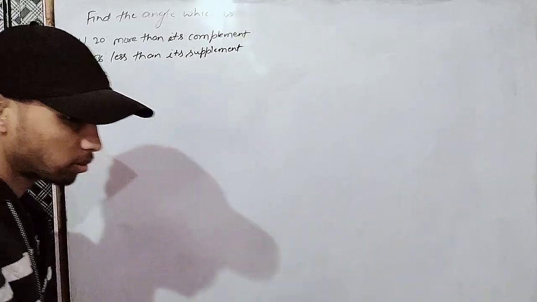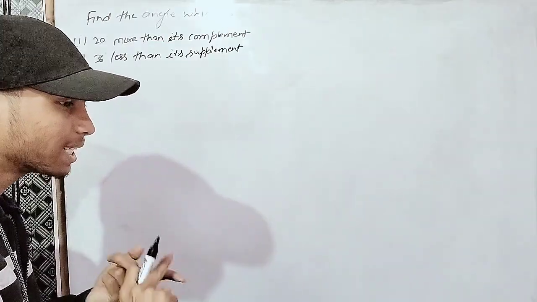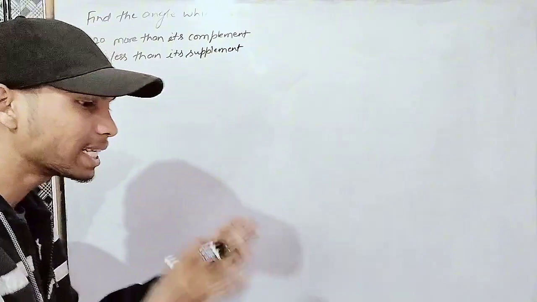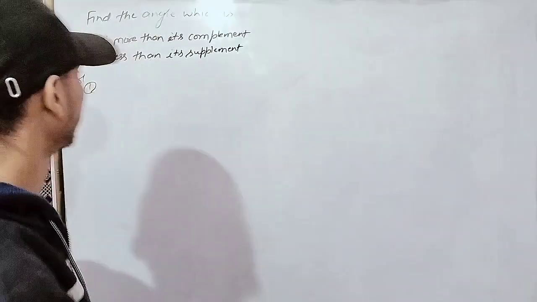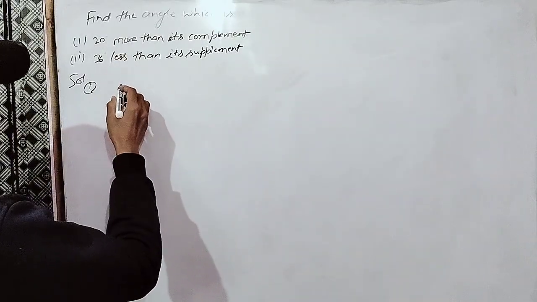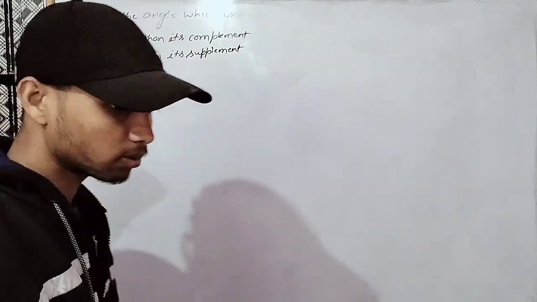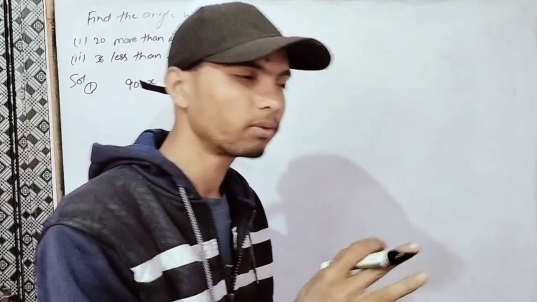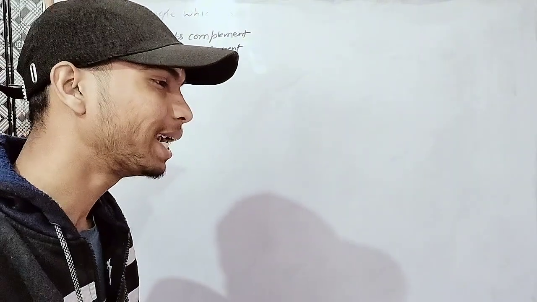First of all, we have the first angle, but we don't have the exact value. It is given in the statement. So we have to identify 90 minus x, meaning we are going to find the value of the complement angle.